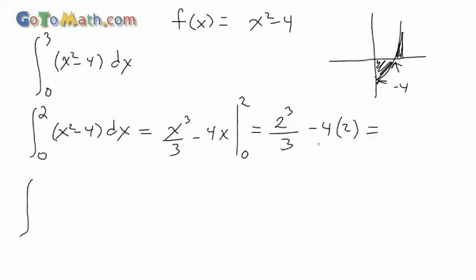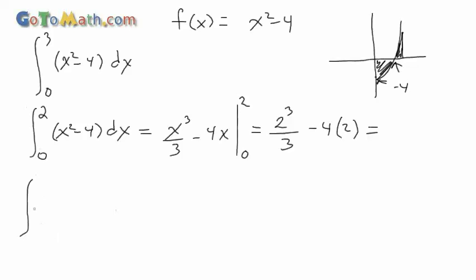Now remember, this should end up being a negative number here. Alright, so we'll have to make it positive. Also remember that you can flip the limits, put the 2 down here, 0 up here, and it'll automatically be positive.